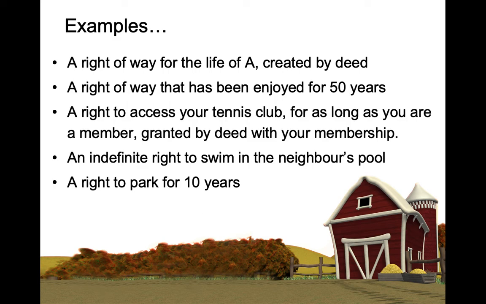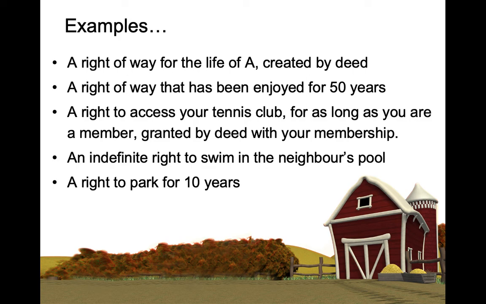A right of way that has been enjoyed for 50 years could be an implied legal easement that has been acquired by someone's long usage. A right to access your tennis club for as long as you're a member, granted by deed with your membership. That looks very like Regency, in terms of using something that's personal but affixing it to land, and then we've got a document too.